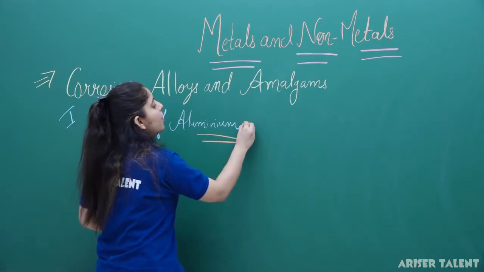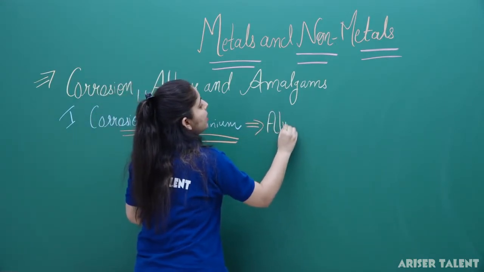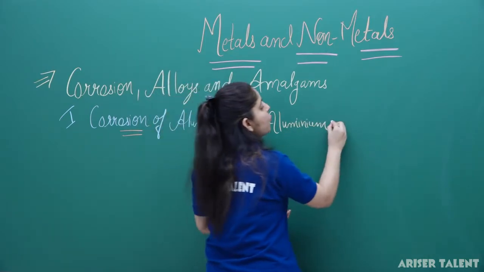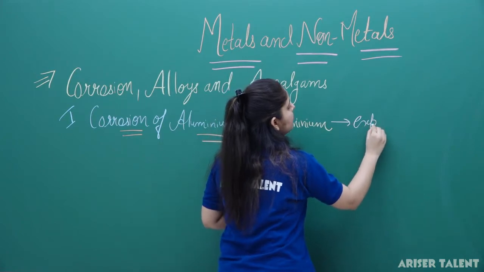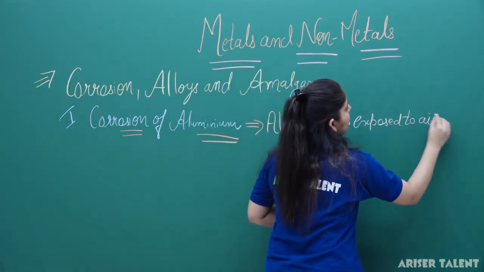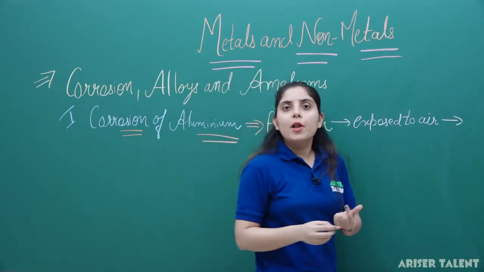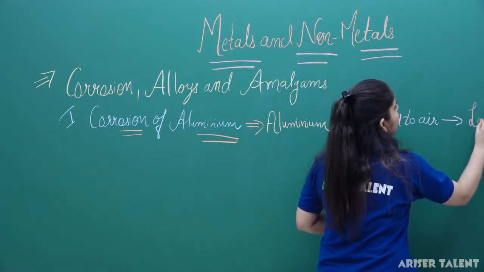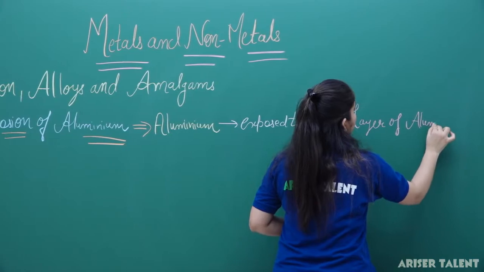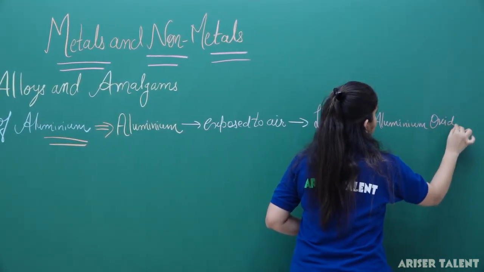So what happens in case of aluminium? When it is exposed to air, it forms a layer around it, and this layer is basically aluminium oxide.